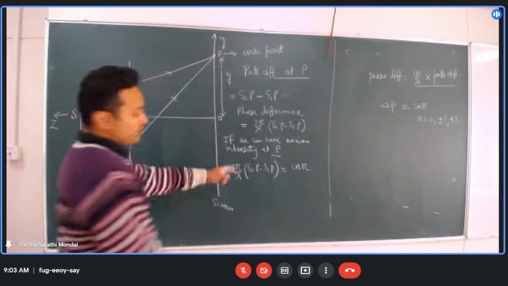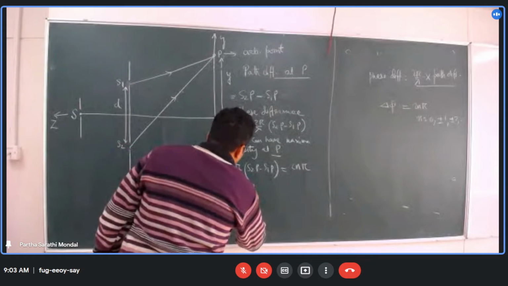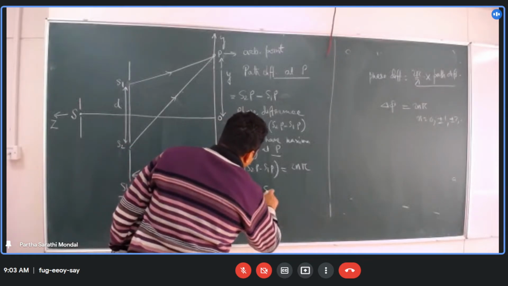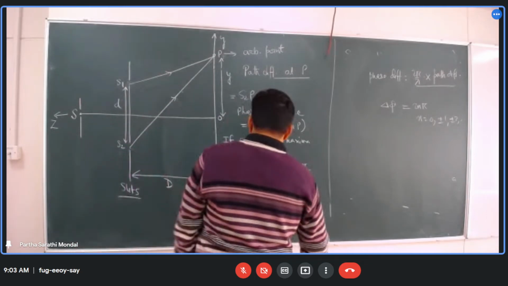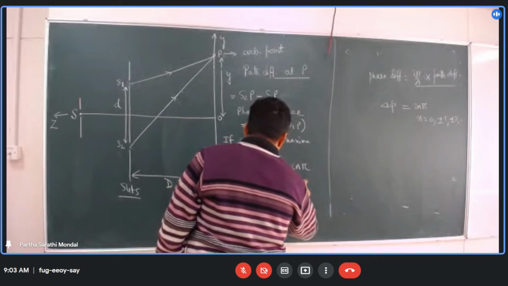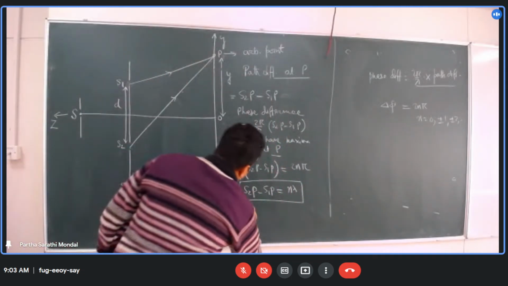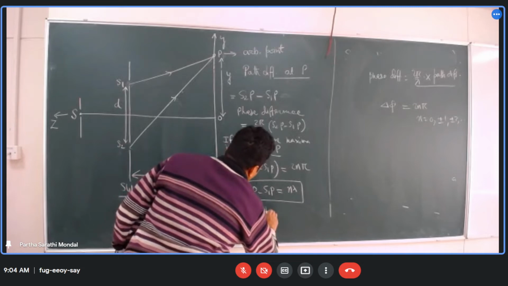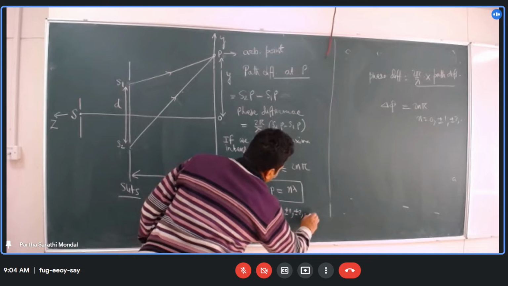Now we can find S2P minus S1P, which will be just n into lambda, that is, an integral multiple of lambda, where n equals 0, plus minus 1, plus minus 2, and so on.